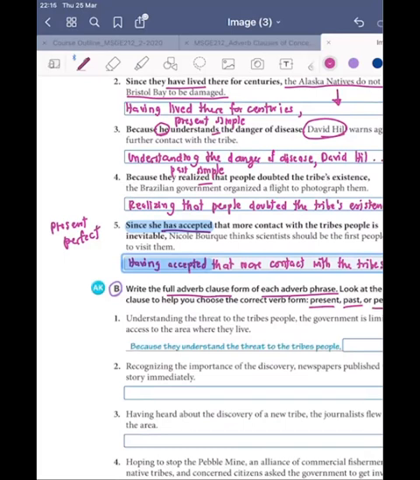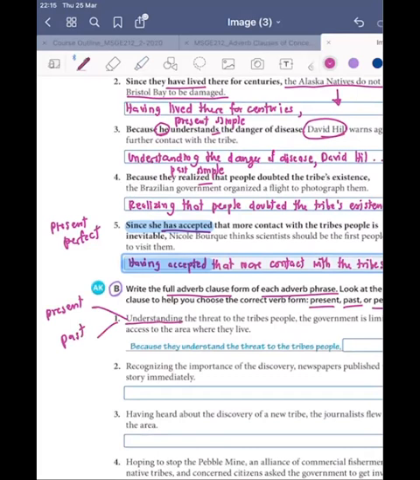Understanding the threat to the tribespeople, the government is limiting access to the area where they live. With the word understanding here, it could be either present or past, right? Because you can't do perfect tense at all, because it's just ing, not having plus past participle.